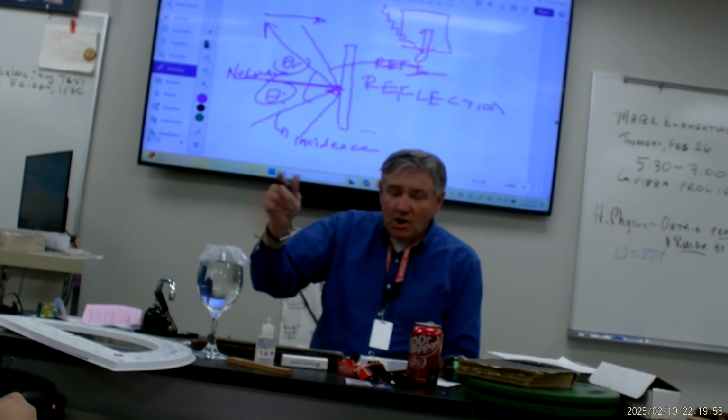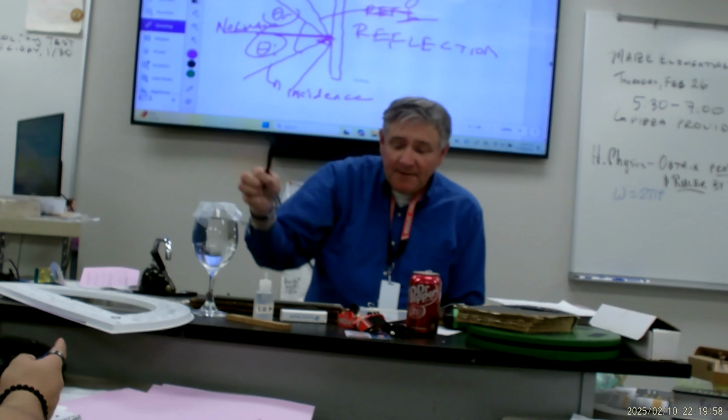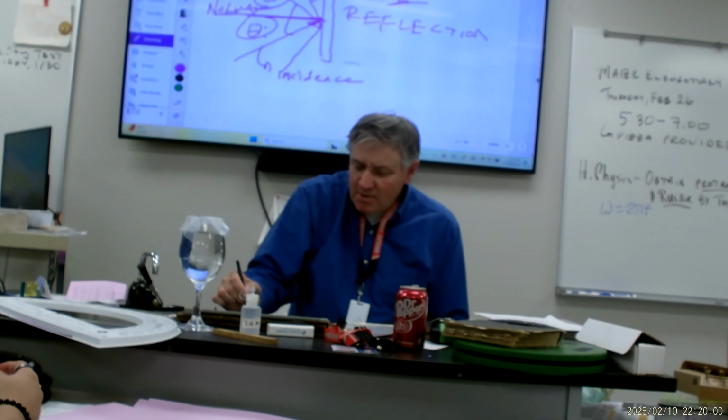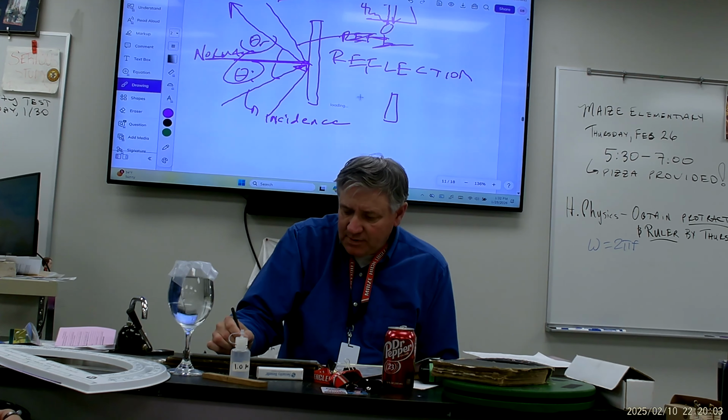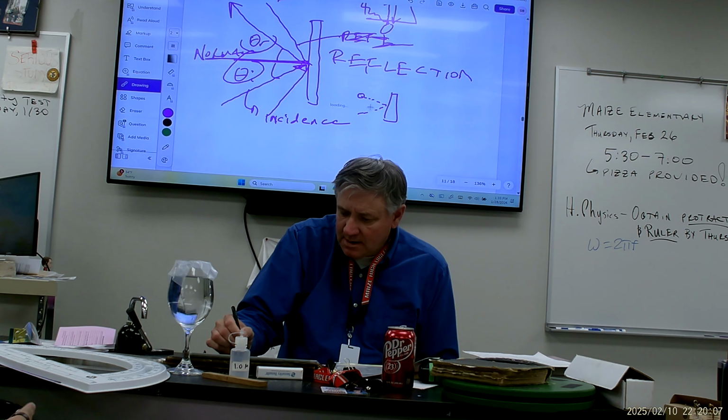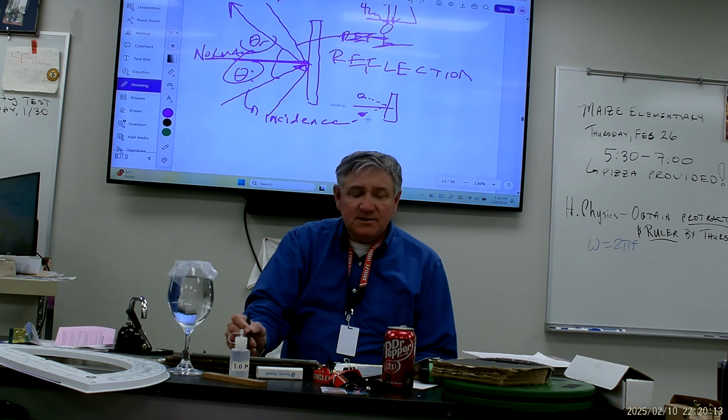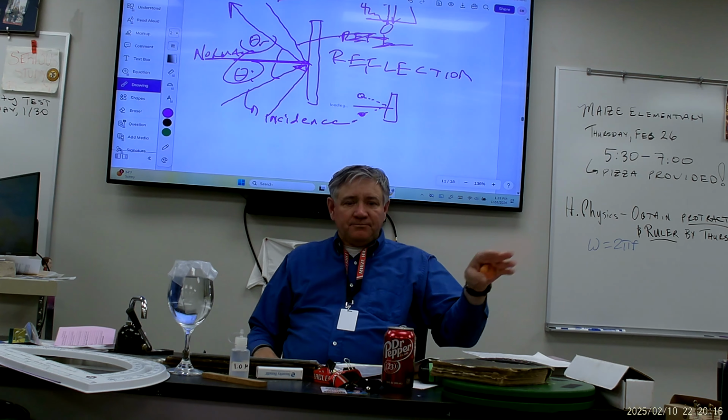And so if you have a mirror and you're here, and you can draw a symmetrical line and see where that bounces off, you can see that person, and they can see you.